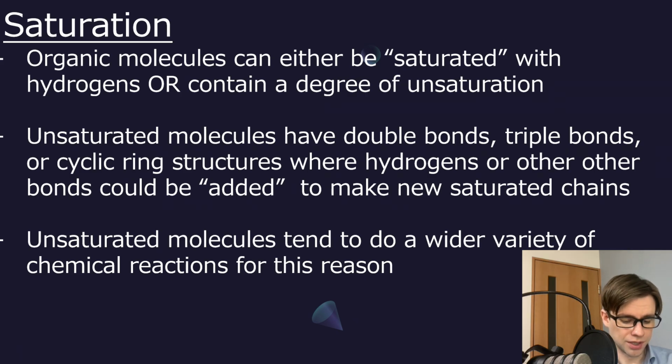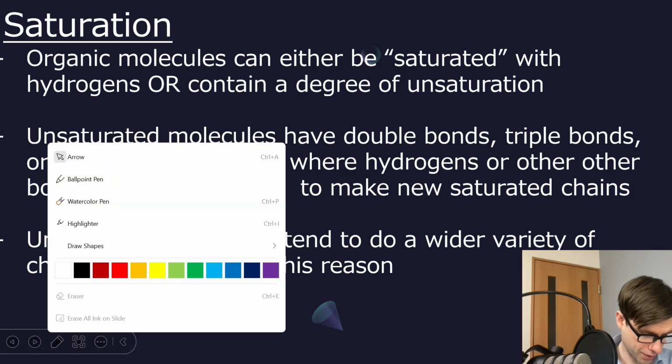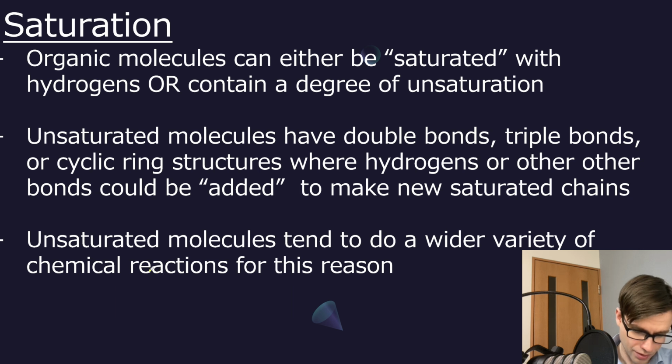So molecules can either be saturated or contain some amount of unsaturation. They can contain areas where hydrogens, you can imagine, have been removed and there's now multiple bonds or ring structures. Unsaturated molecules have double bonds, triple bonds, or cyclic ring structures where hydrogens or other bonds could be added to make new saturated chains.